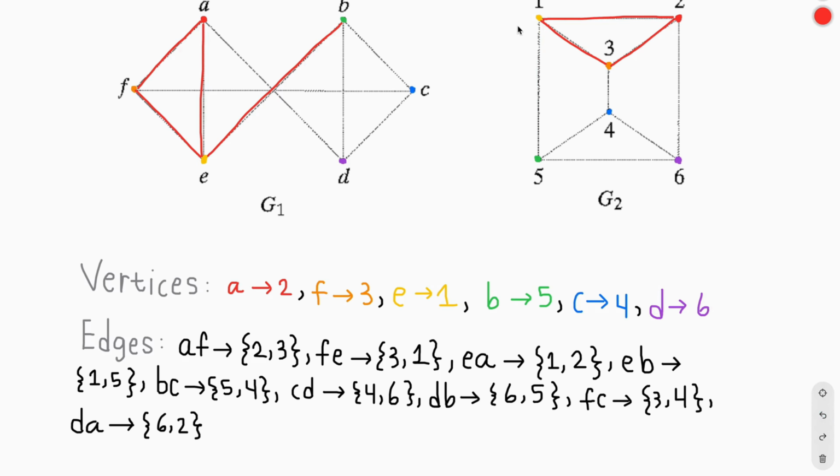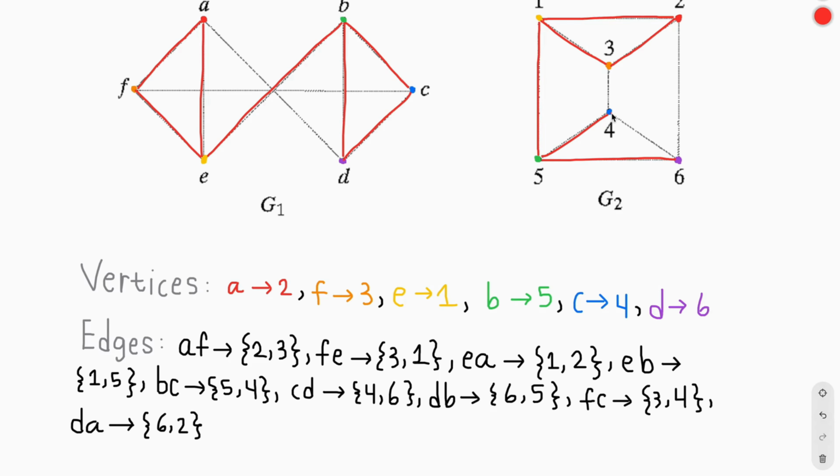Okay, 1, 5. BD, green to purple, corresponds to 5, 6. BC, green to blue, corresponds to 5, 4. And the finishing line of this triangle, CD, corresponds to 4, 6.